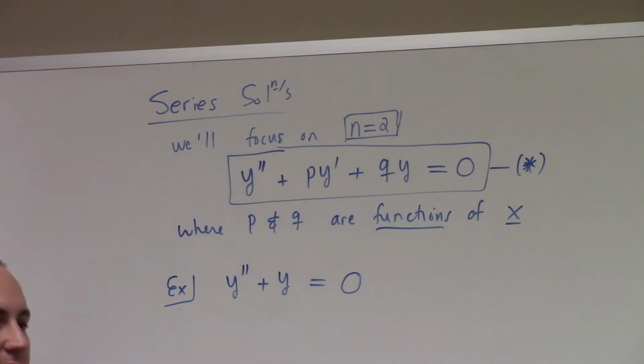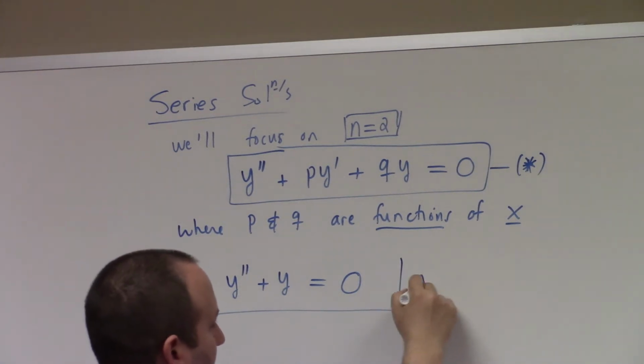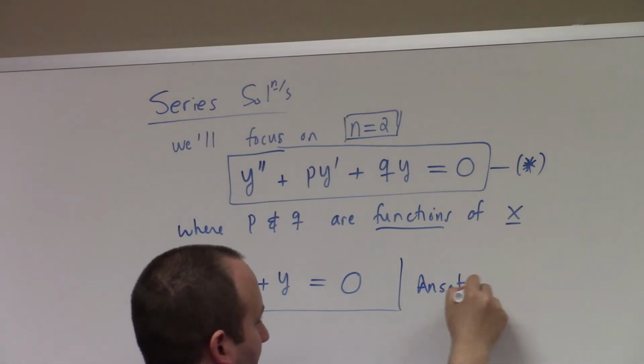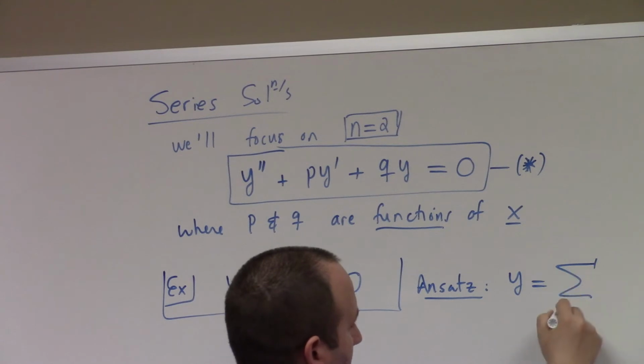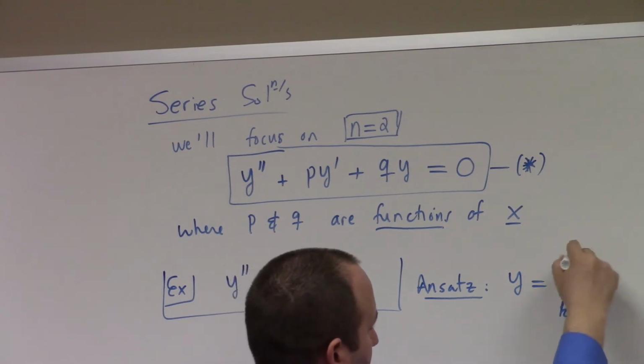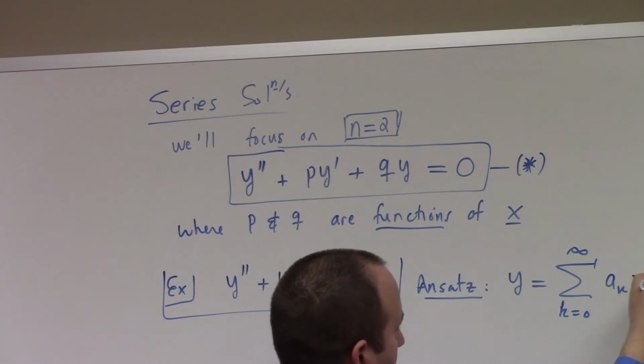Another thing you might have tried would be, well, in calculus 2, I learned power series, right? So I might suppose that I could guess a power series solution to this. So my guess, my Ansatz, German for guess: y is equal to a sum, k equals 0 to infinity of a sub k x to the k power.